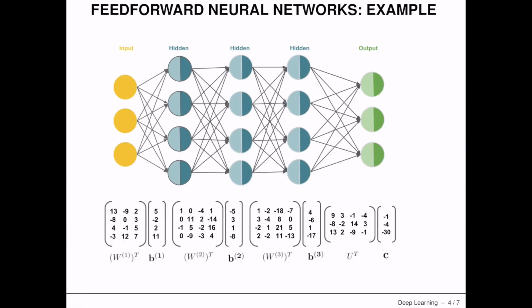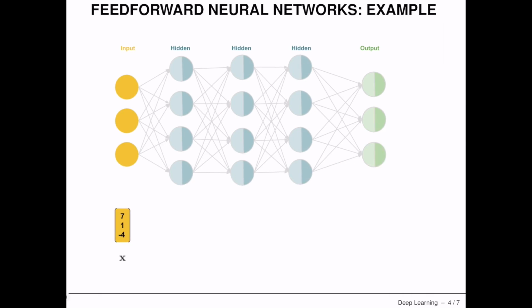For each hidden layer, we have a weight matrix and a bias vector. Here for the first layer, here for the second, here for the third, and finally for the output layer, we would have a weight matrix again, and a bias vector for the output neurons.